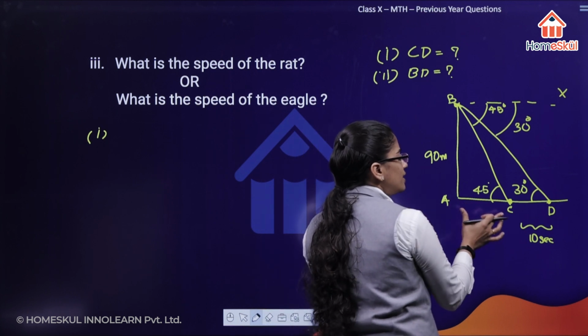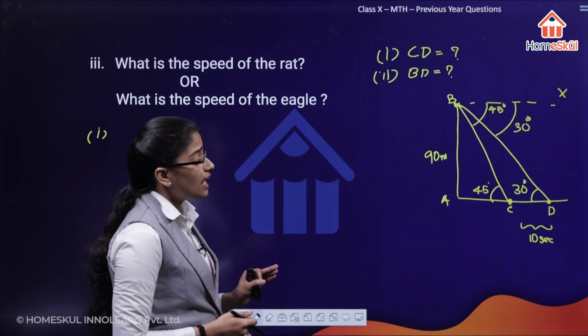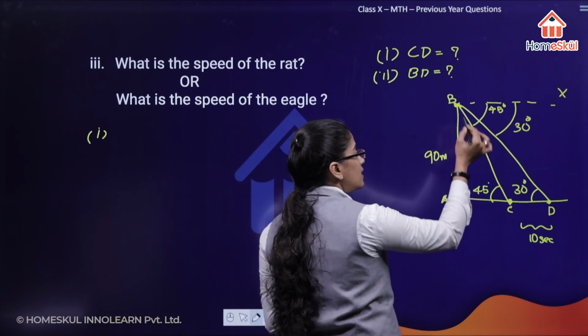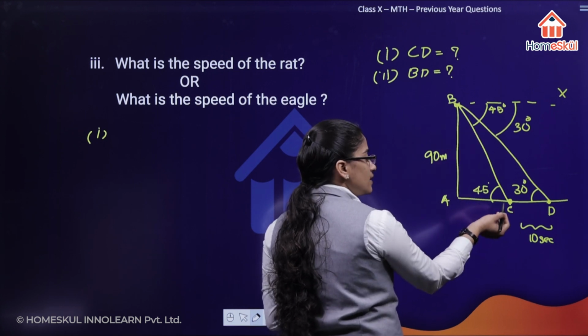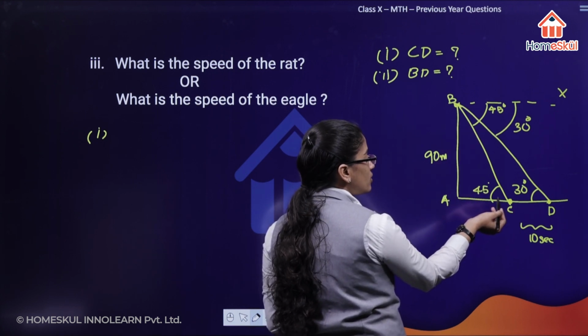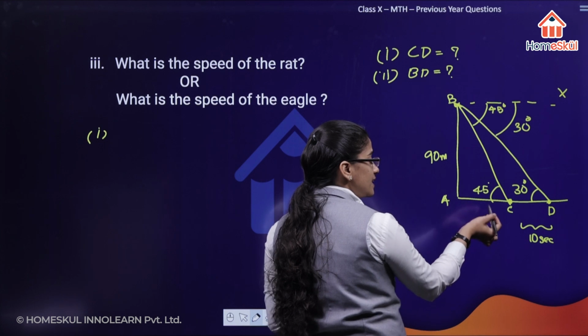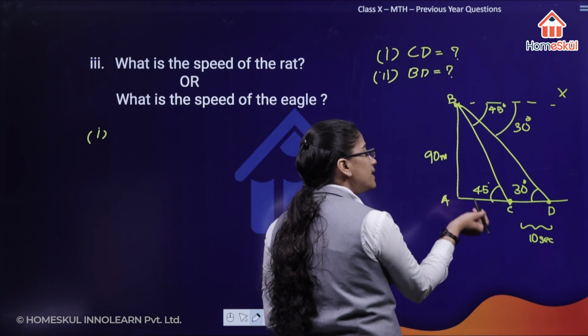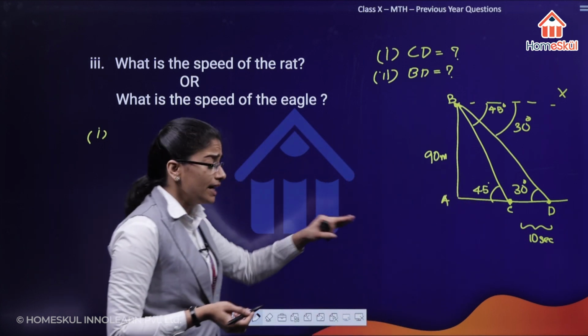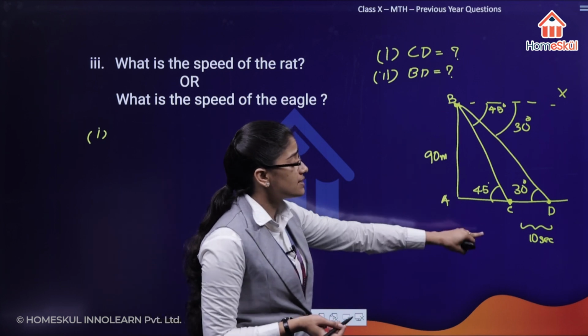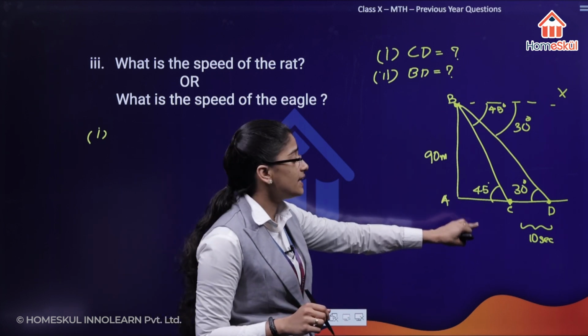So, is there any possibility to find out AC? Yes. How? If we consider the triangle ABC, there is 45 degrees. So, opposite side by adjacent side is tan 45 degree, isn't it?